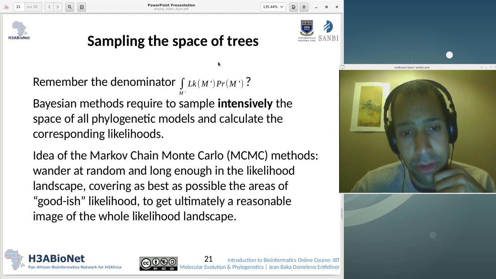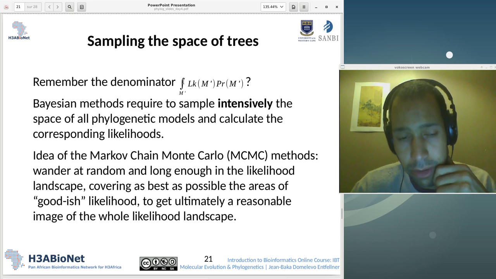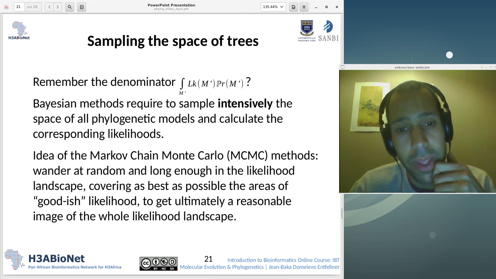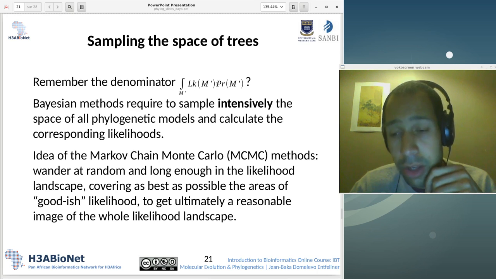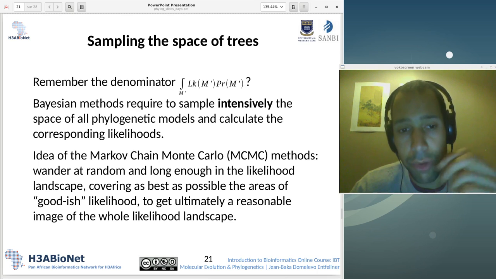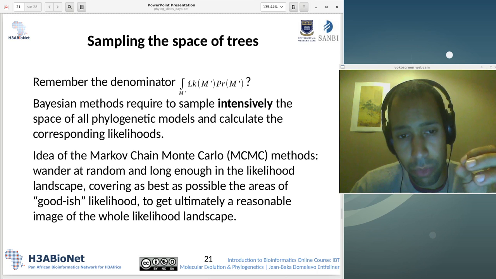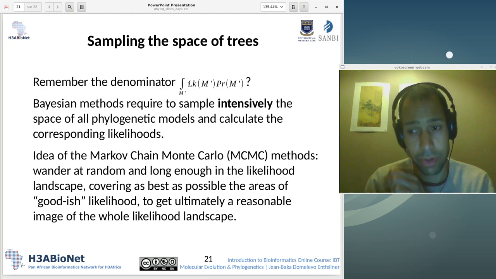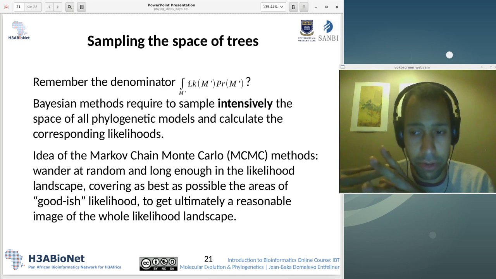We approximate this infinite sum with a finite sum, and as I said, this is a sum of positive numbers, right? A probability is positive, a likelihood is also a probability, a product of positive numbers is positive, but we want to make sure that the infinite number of models we don't include in this sum are the models leading to a negligible likelihood.